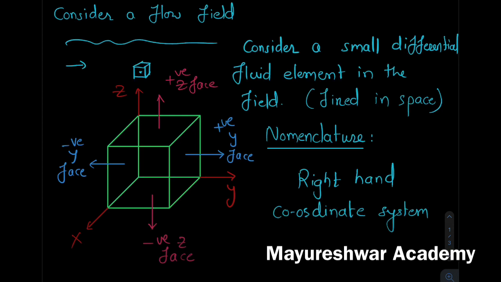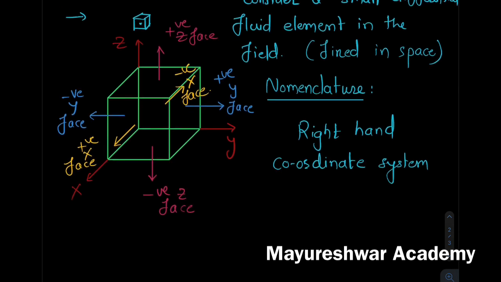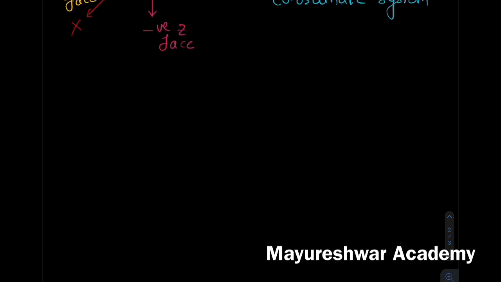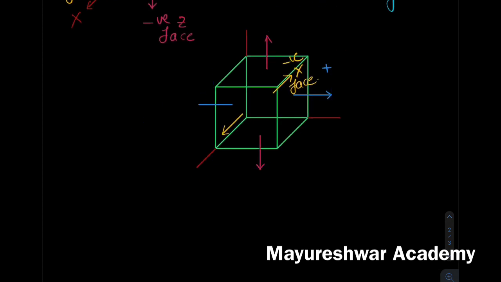Front surface and back surface: front is the positive x face and back is the negative x face. So these are our nomenclatures for identifying faces. The surface to which the axis is positive and normal is called a positive face.